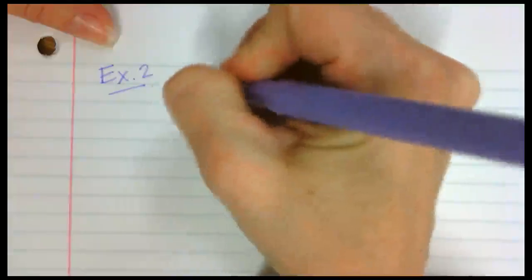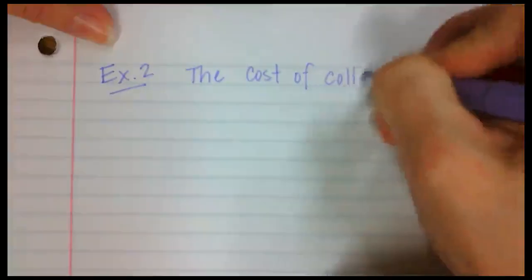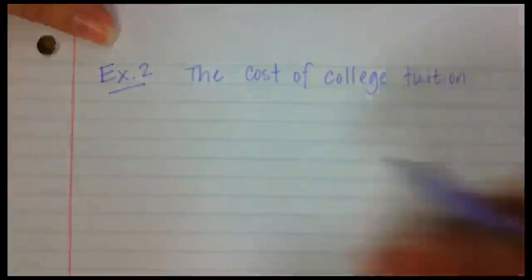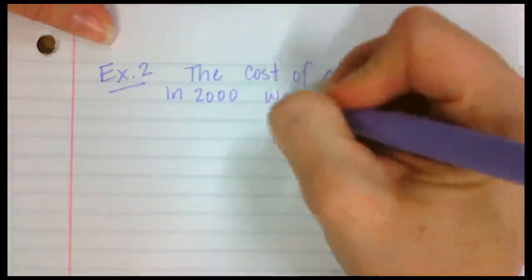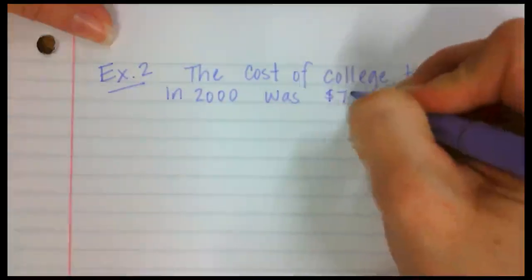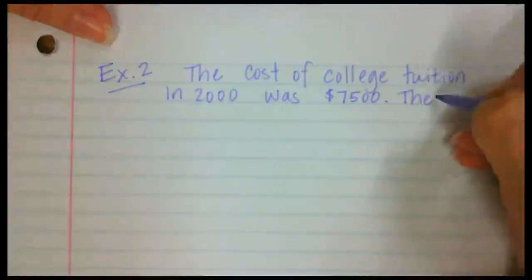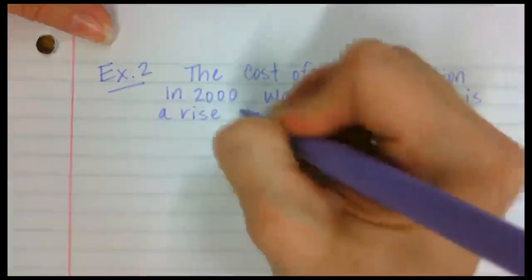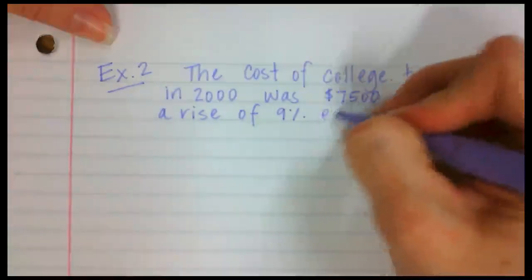Let's say that the cost of college tuition in 2000 was, let's say, $7,500. There is a rise of, let's say, 9% each year.